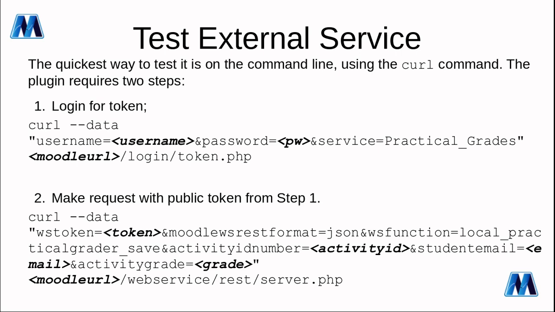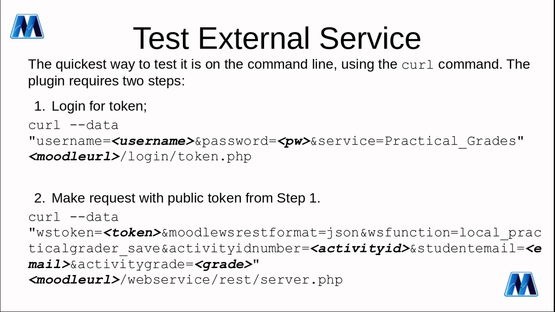And then we use the token. And what's changing now? We've got our request for the JSON format. We've got the function name that we had used the last time. But additional to that, now we've got an activity ID number, a student email, and an activity grade that needs to be added to the parameters in the call.